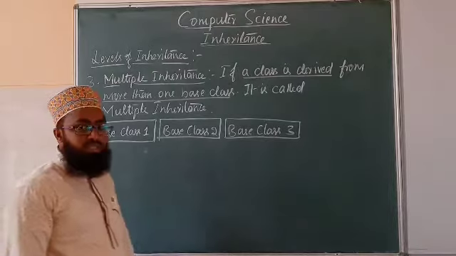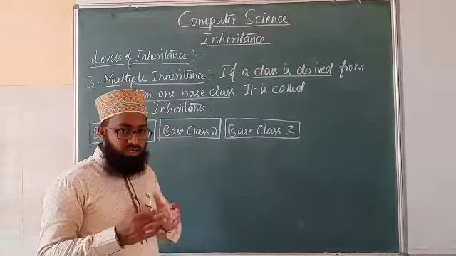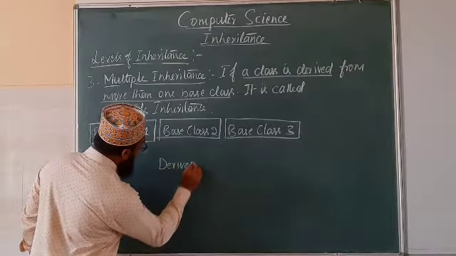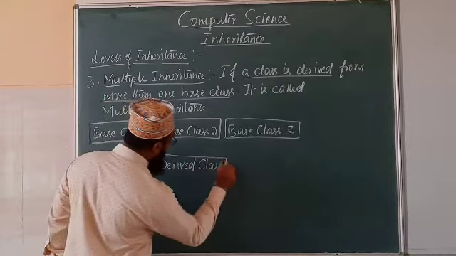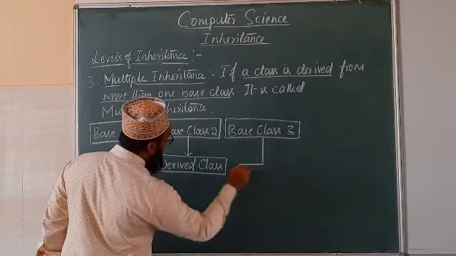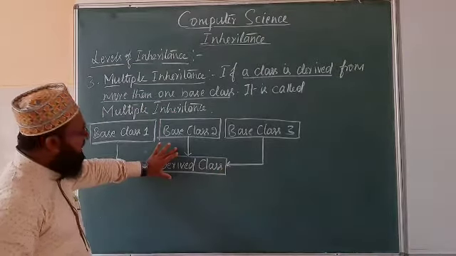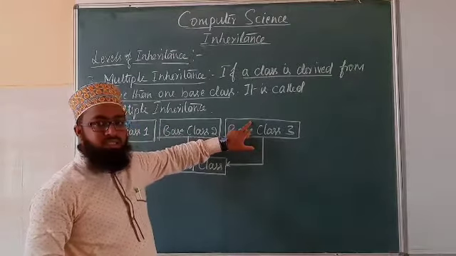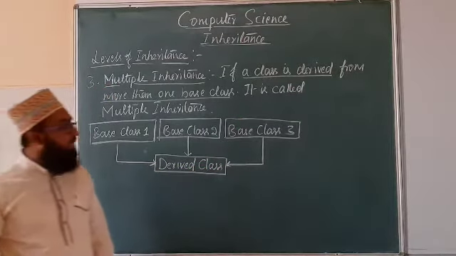From these 3 base classes, one derived class will be inherited. That is the derived class. So this type of inheritance is called multiple inheritance. See, a class is derived from more than one base class. This type of inheritance is called multiple inheritance.